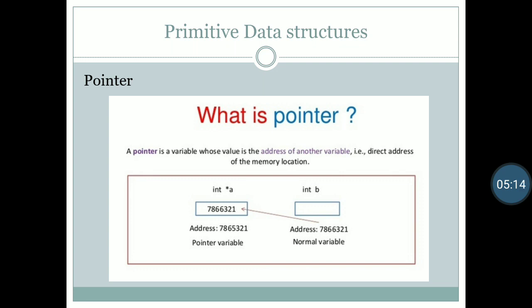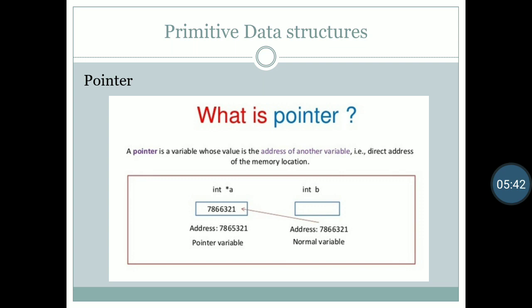Integer b will have a specific value and it will be stored at a specific location, meaning a specific address. That address will be stored in our pointer variable, which is integer a. So the value of integer a will be the address of integer b.